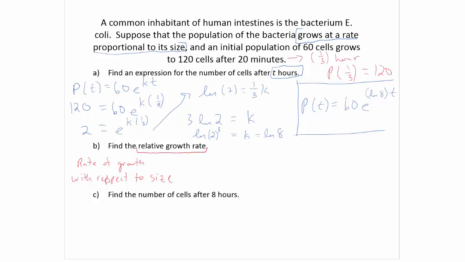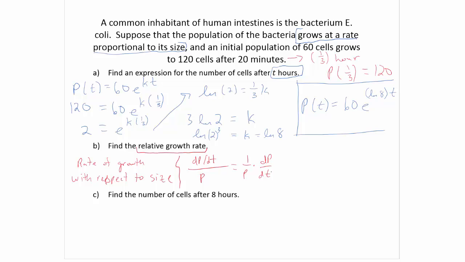The rate of growth with respect to size. Well, wait a second. The rate of growth, that's dp dt. That's the rate of growth with respect to size over p. Well, wait a second. That's 1 over p times dp dt.